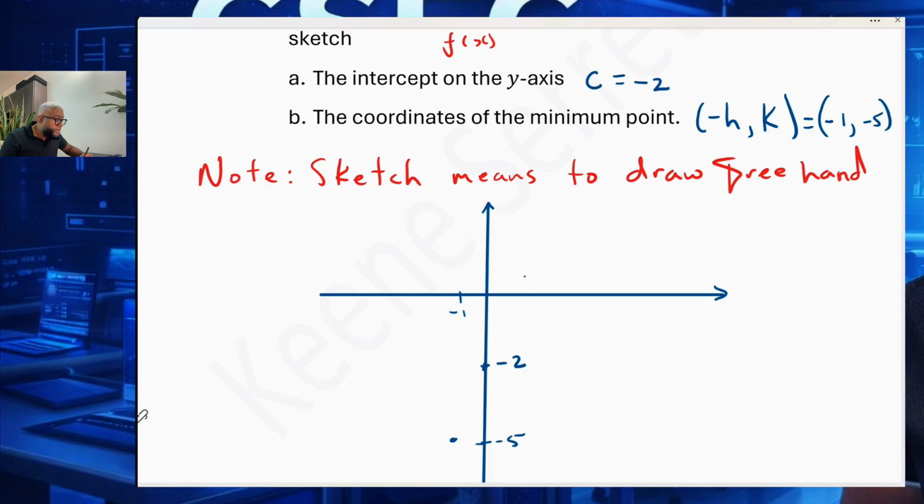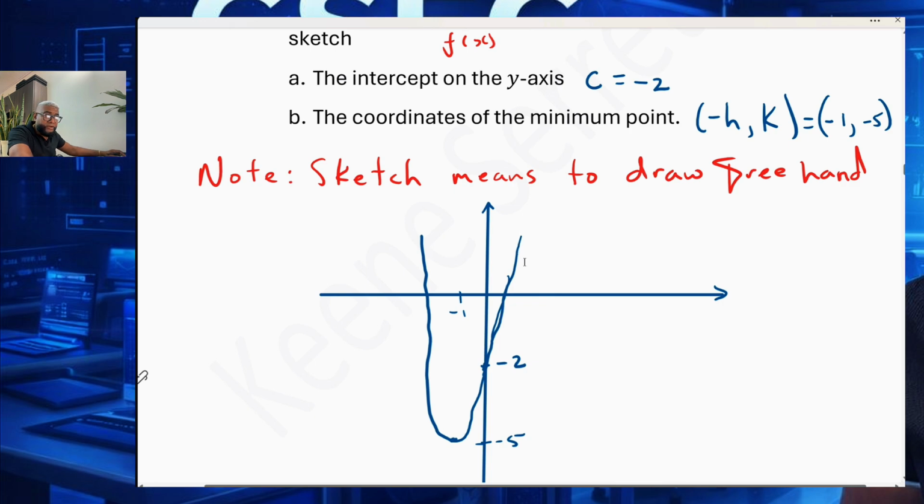So what you're drawing is going to be a smooth curve, right? You're not drawing this curve as a V, eh? You're drawing it as a U. So you're coming on here, boom. So my curve came down here.